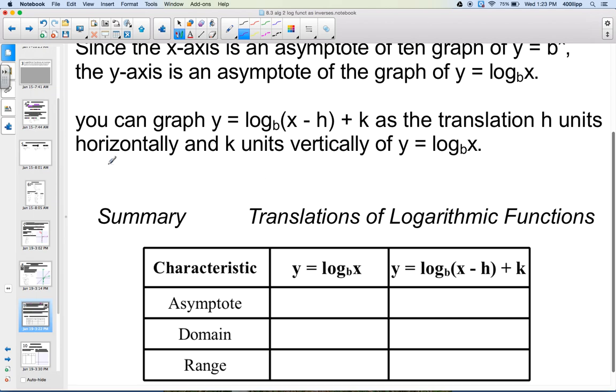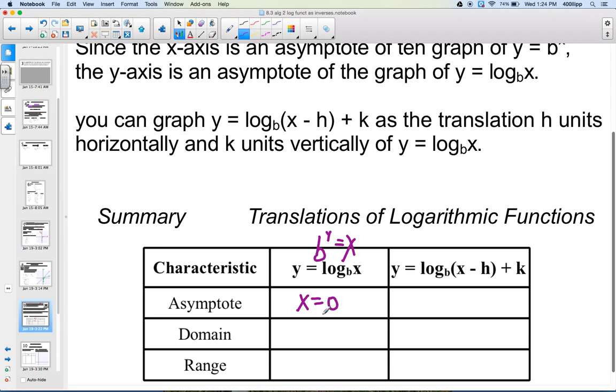So we know that in this form, this is equivalent to saying b to the y is equal to x. And we just said for this one that your y-axis, or x equals 0, is your asymptote there.